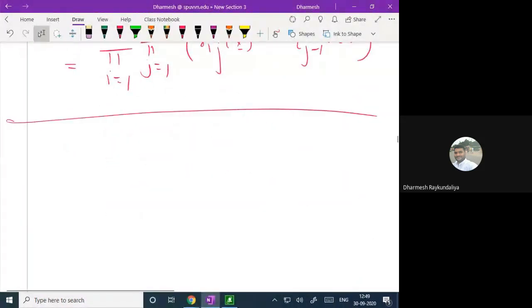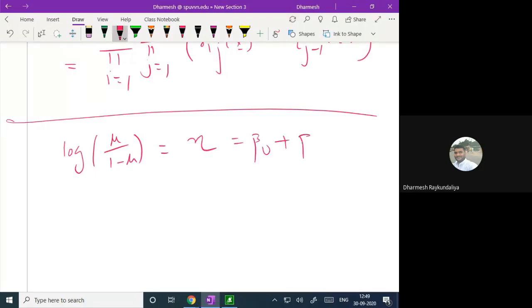So when we talk about binary logistic regression, we considered the model log of mu upon 1 minus mu is equal to eta, and eta is nothing but beta 0 plus beta 1 x. Our role is to find the estimates of beta 0 and beta 1.